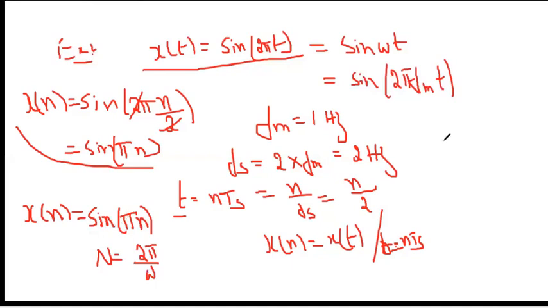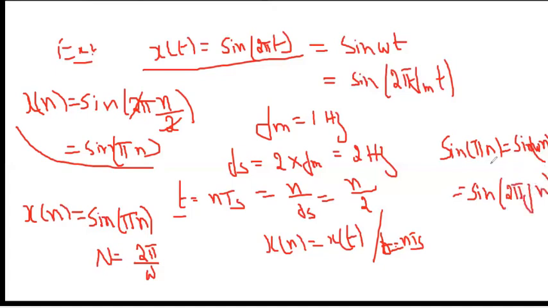Comparing sine pi n with sine omega n, omega is 2 pi f, so sine 2 pi f into n.